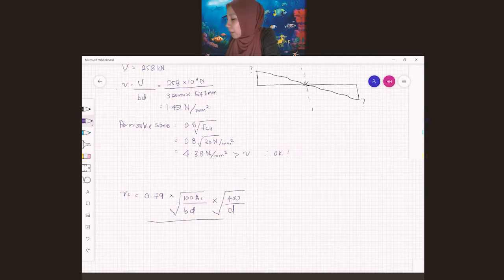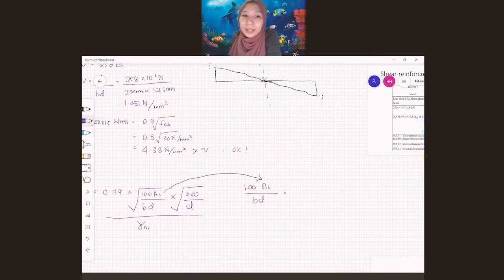And dividekan dengan gamma M. Okay. So ini our formula yang kita mahu pakai lah. Okay. And again, I suggested that this 100 AS ni kita kira asing, kita tak kira dalam ni. So we use the formula of 100 AS divided by BD ni kita kira asing lah. Okay. And then masukkan saja dalam formula.